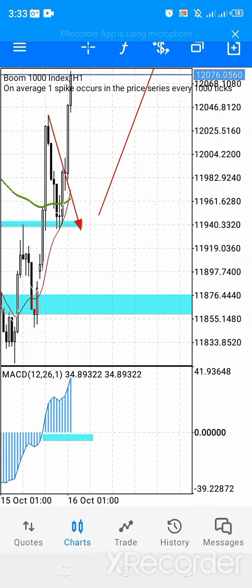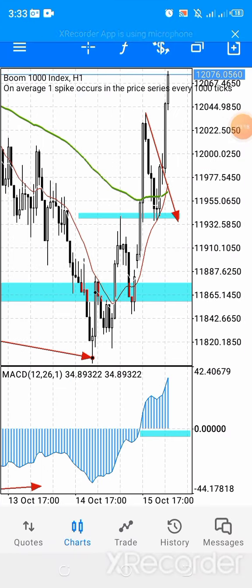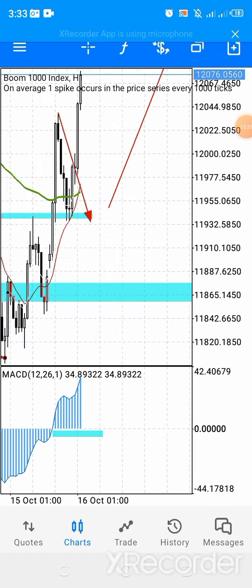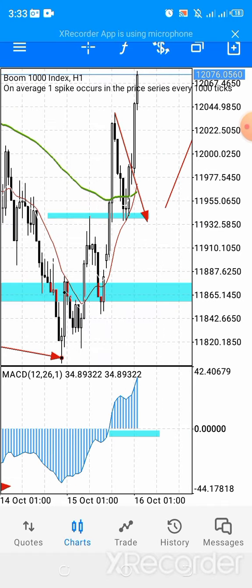Now what's the next thing? The next thing you see is this zone was marked before this happened, when price stretched out of this point, when price went up to this point, that was when this was marked. I dropped this horizontal box, this rectangle box here, waiting for the price to pull back to that zone.